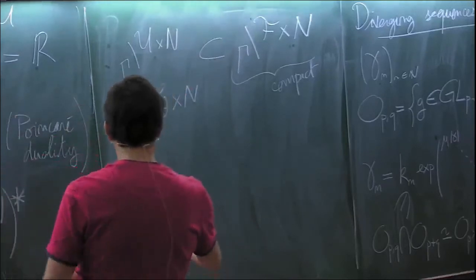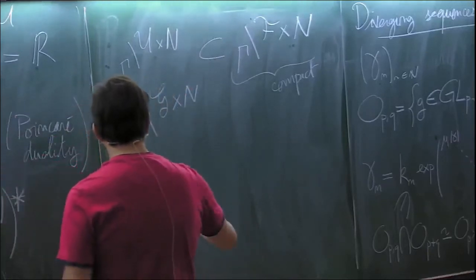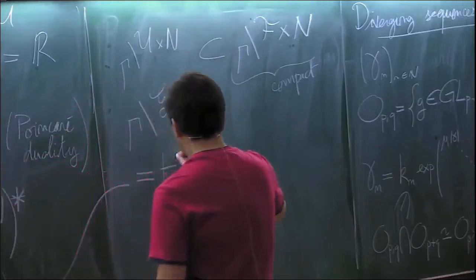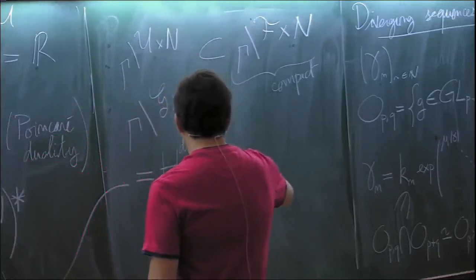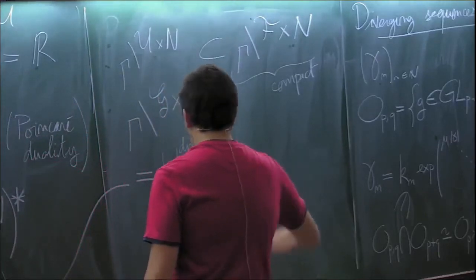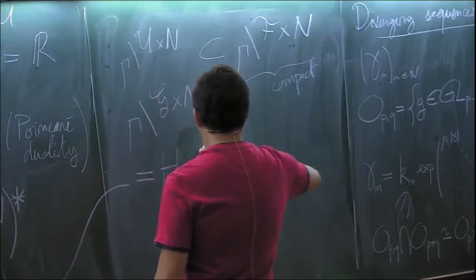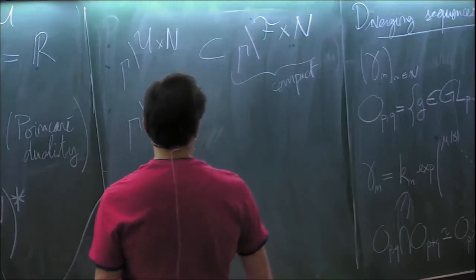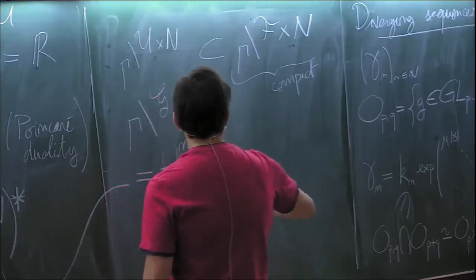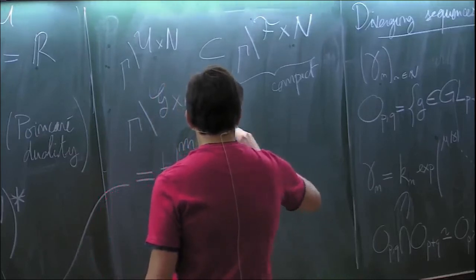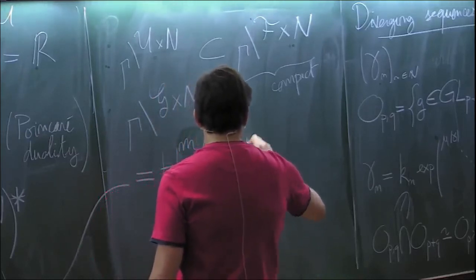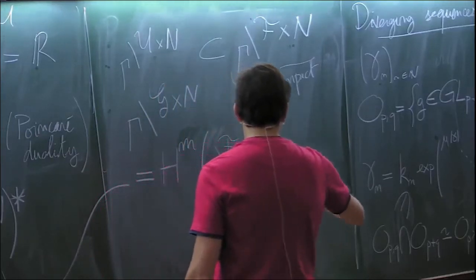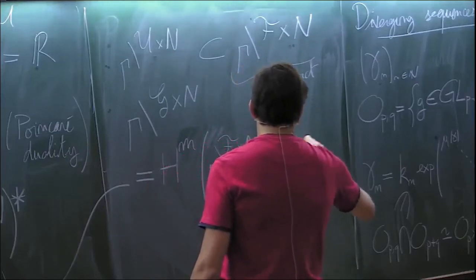Okay, so I have this group is equal to the... where I can put m. This is in dimension m. The m-th cohomology group of the pair gamma mod f cross n, gamma mod g cross n.